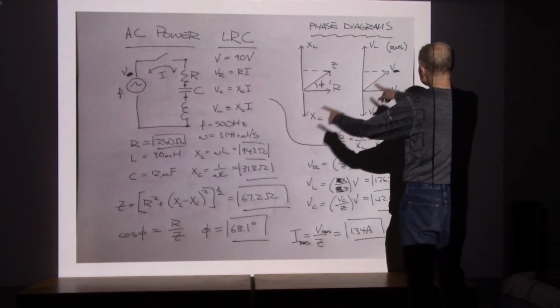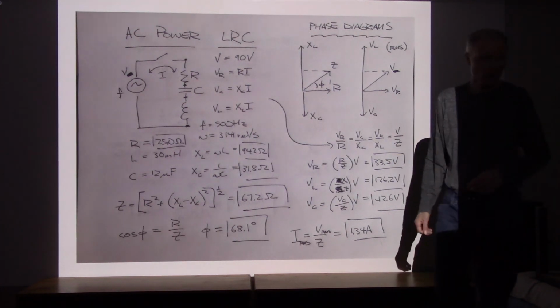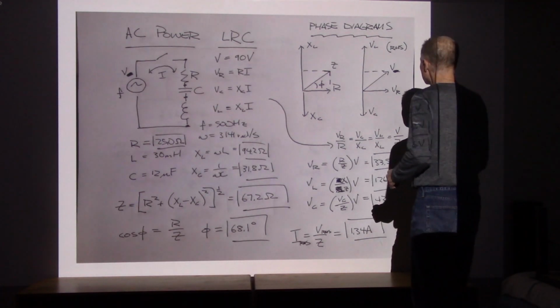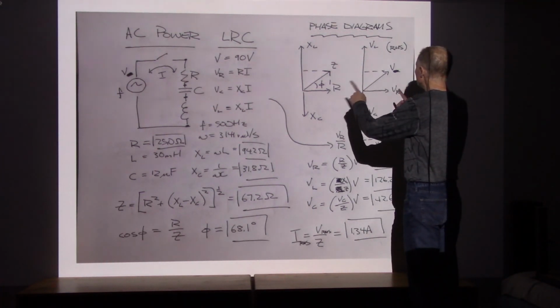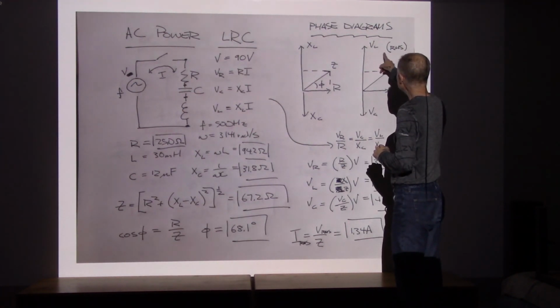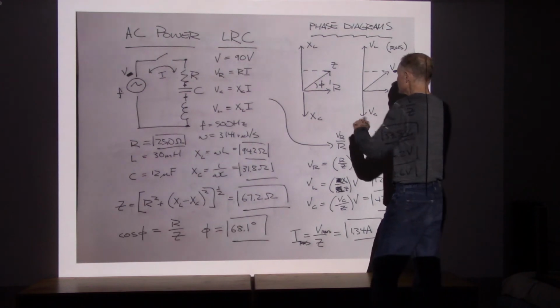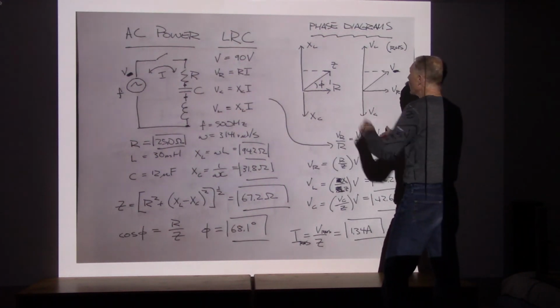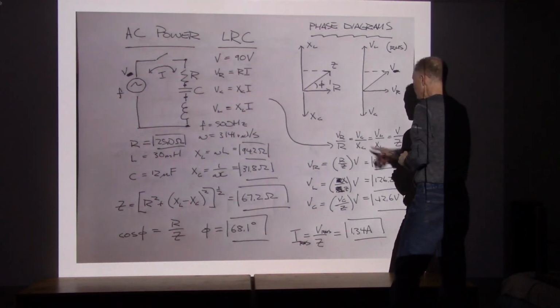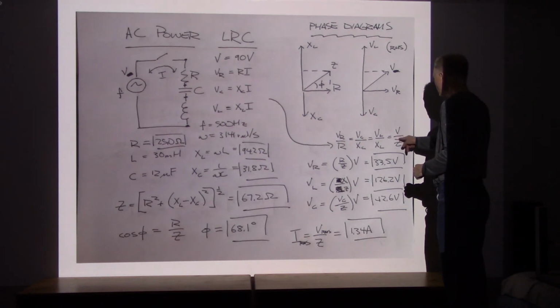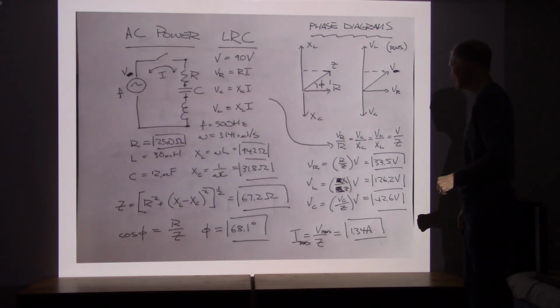Now, moving over to the voltage diagram, we can calculate all the voltages by using ratios. What we can say is, if I look between the two diagrams, voltage C is to XC, as voltage L is to XL, as voltage R is to R, as the overall voltage is to the total impedance.